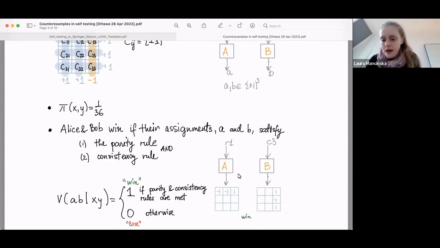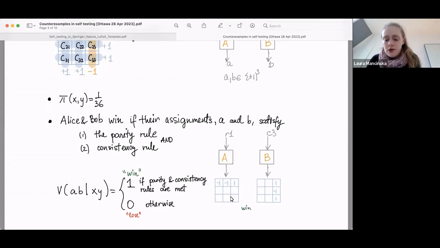Okay, so we can take a look at an example. Maybe we ask Alice to fill in the first row, and we ask Bob to fill in the last column. Maybe these are the answers that they provided. To see that they win, we need to check the parity rule. It needs to multiply to +1 for Alice.